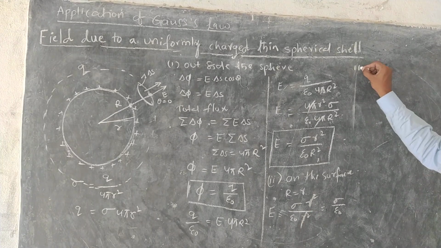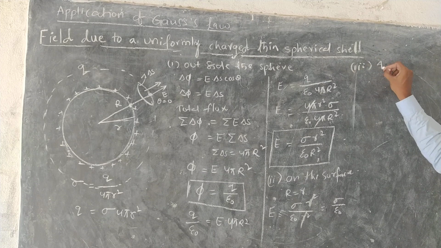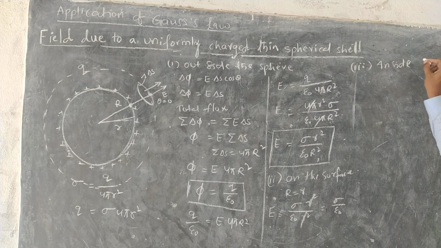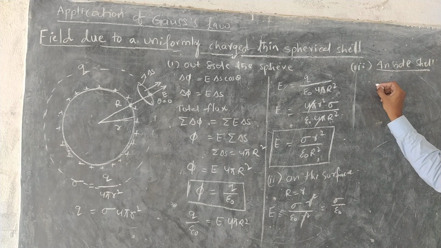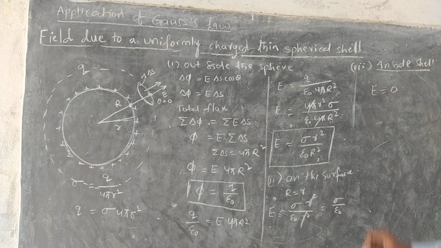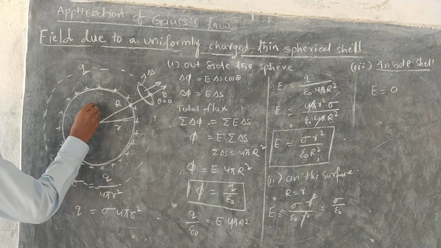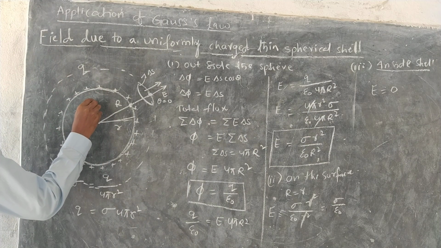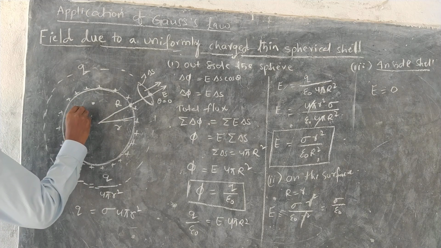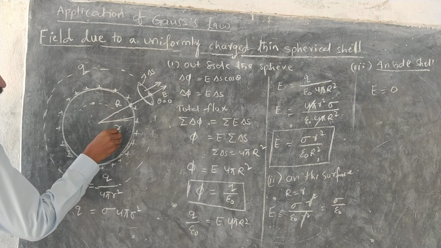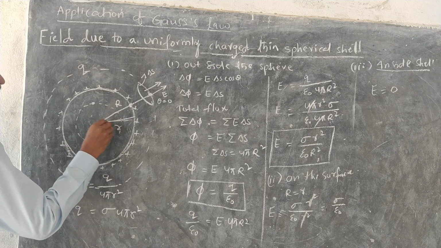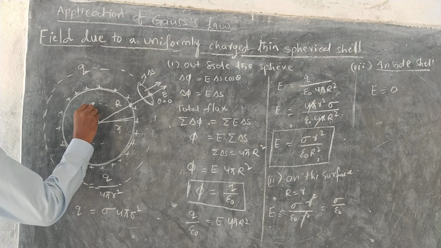Now the third point, inside the shell. Inside the shell, E will be 0. If you take a point inside and follow Gauss law, we need to draw a Gaussian surface. Let us say this distance is x.